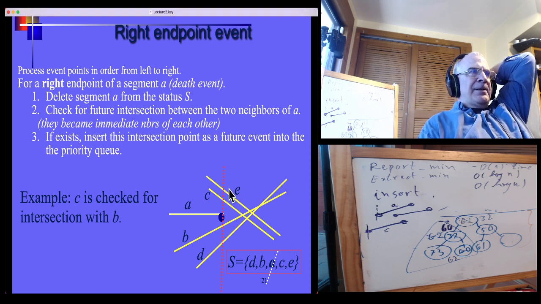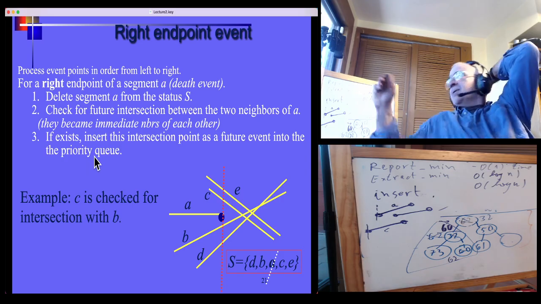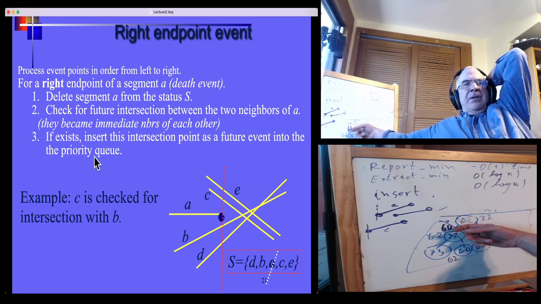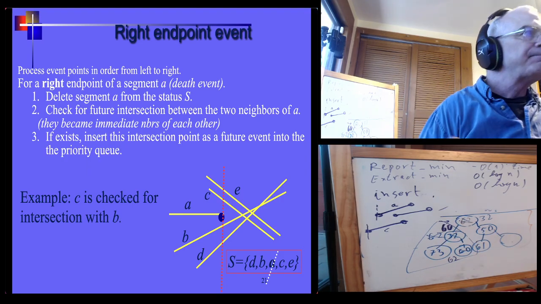If they do intersect in the future, then insert it as a future event into the priority queue, into the heap over here.